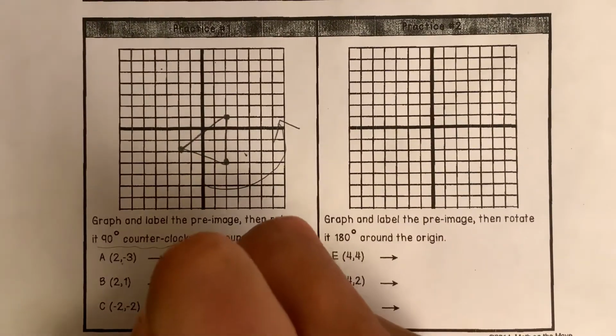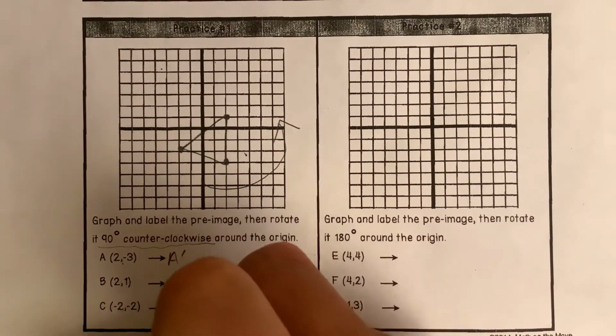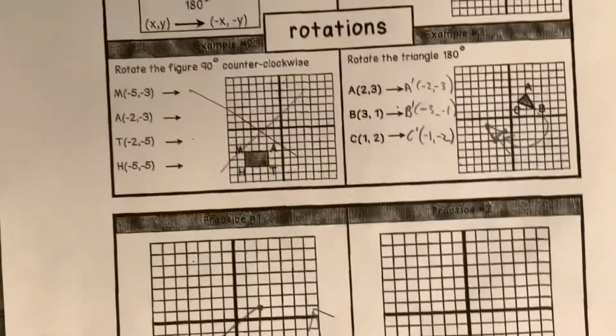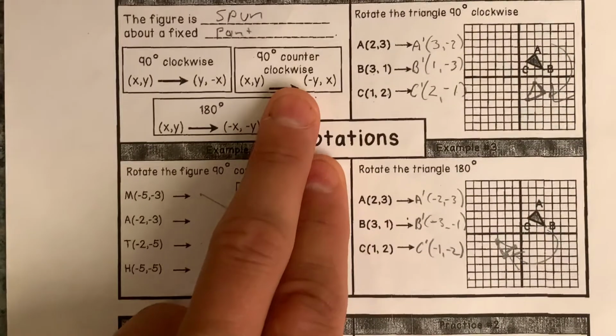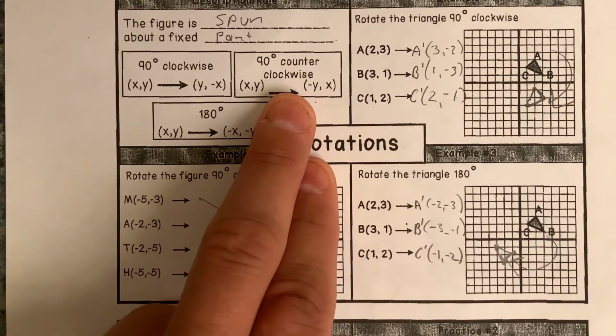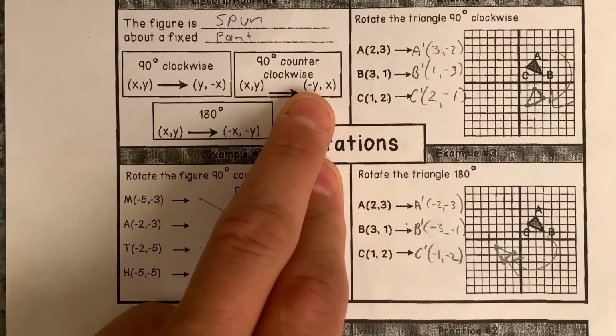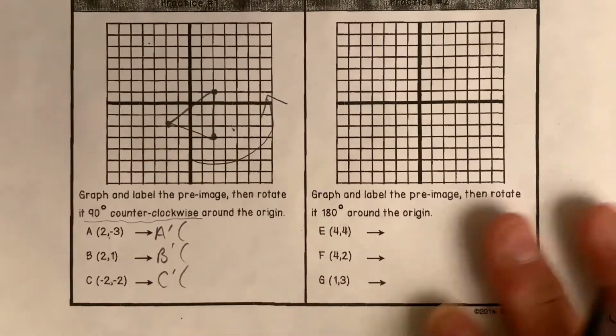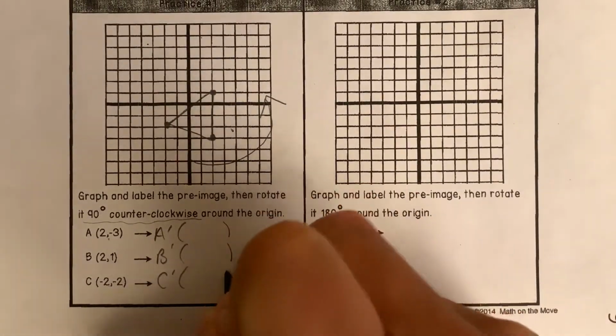For counterclockwise, let's go A prime, B prime, and C prime. As a reminder, counterclockwise means you do this: you switch the coordinates and make the old y, or the new x, whatever you're going to call it, negative. So the x stays the same. So let's move the x into the y position first. So x goes into the y position.